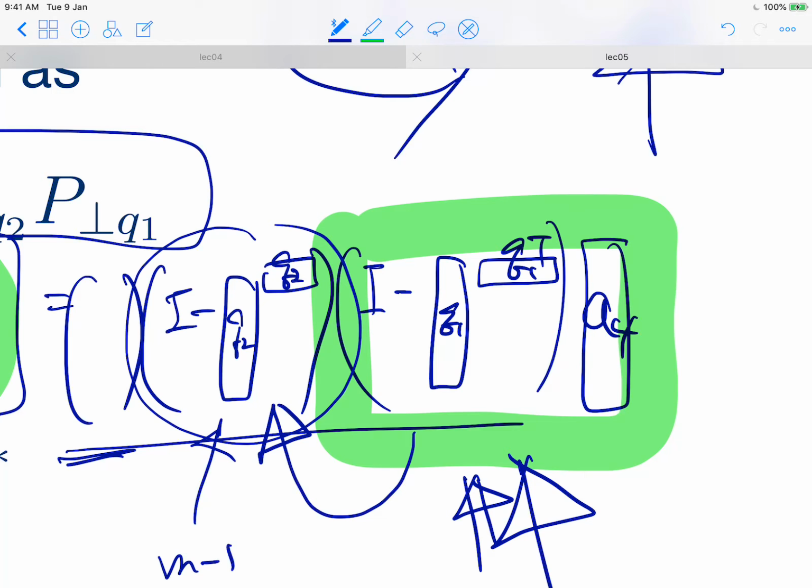So again, the main difference is that when computing the component corresponding to Q2 or Q3, it doesn't directly deal with the original input vector A4, but with the projected version of the input vector through the previous vectors.